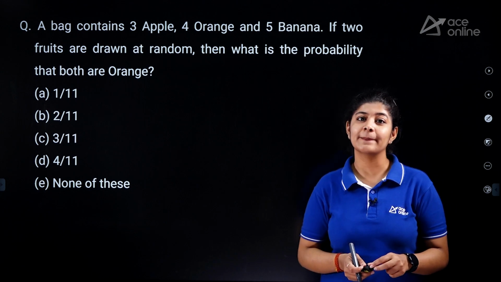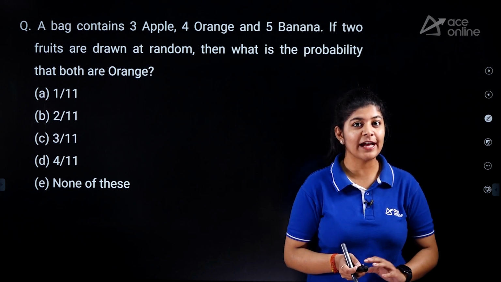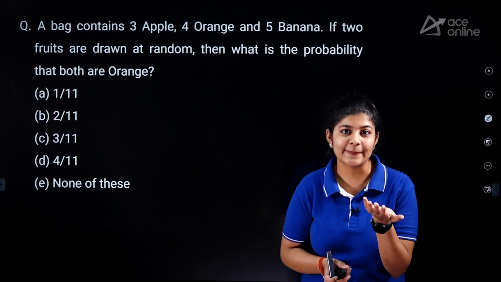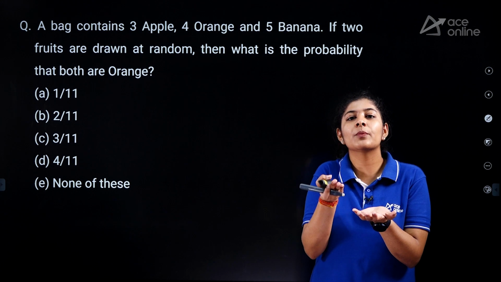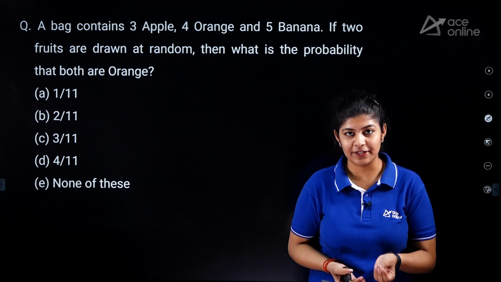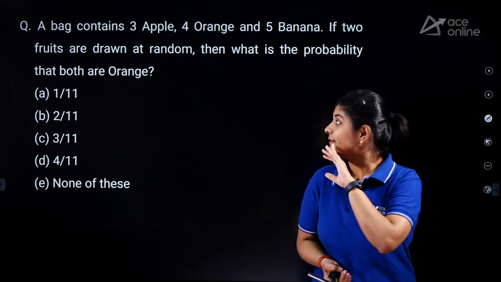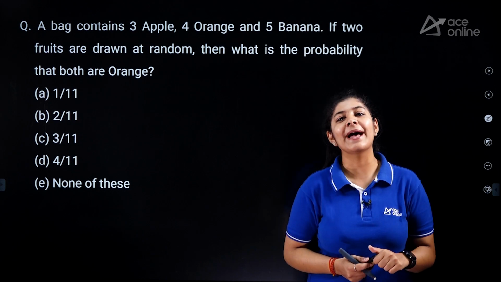First, you have to determine the total number of fruits you are having, because we need a sample space, right? And what we need in the numerator, we need our favorable events or the favorable fruits that we are having in the bag.